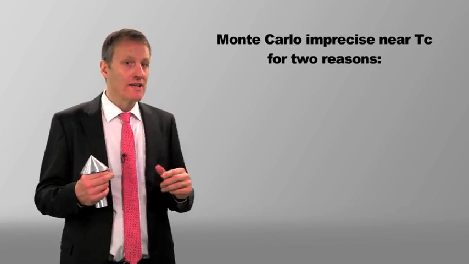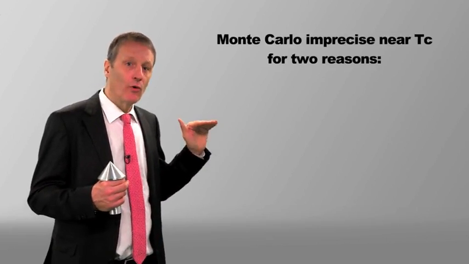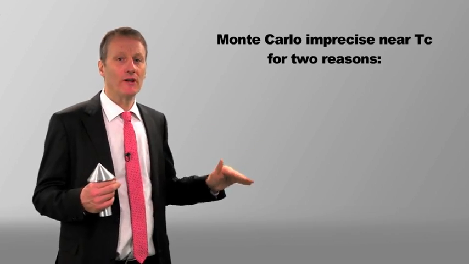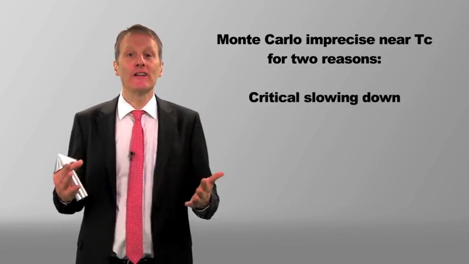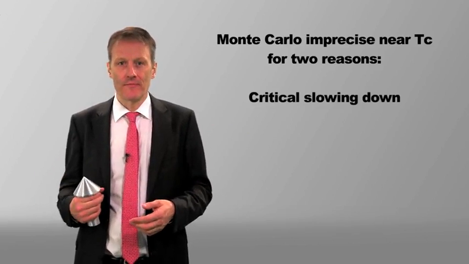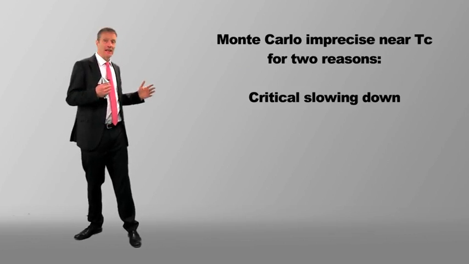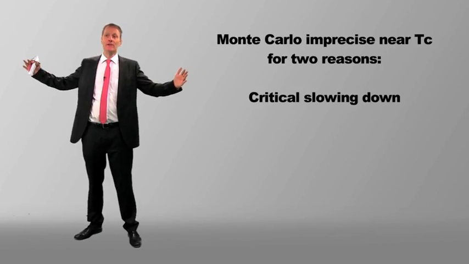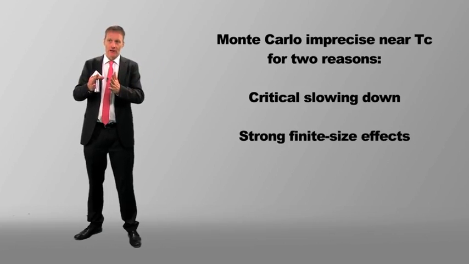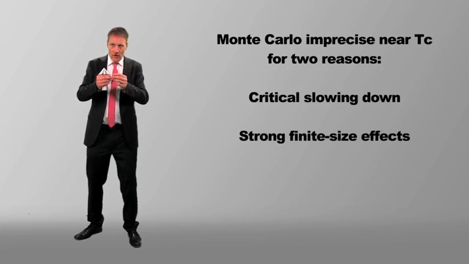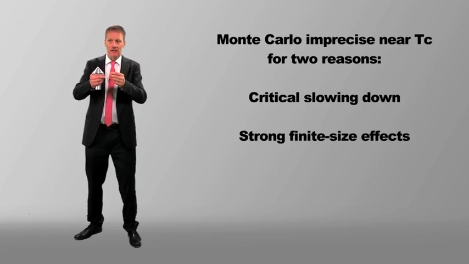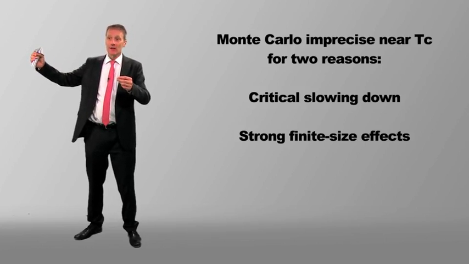One was that it is quite complicated to compute observables close to the critical point because of the critical slowing down as we discussed. But there's a second reason, and this second reason is the fact that the observables of the infinite systems are quite different from the observables in the finite system. The extrapolation from the finite system where we can do our computations to the infinite system in which we are really interested is thus non-trivial.